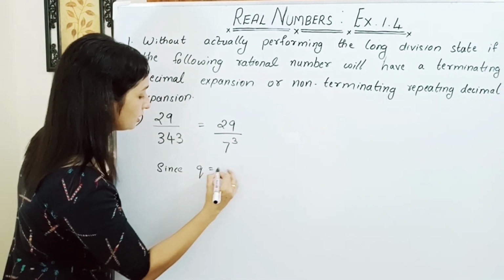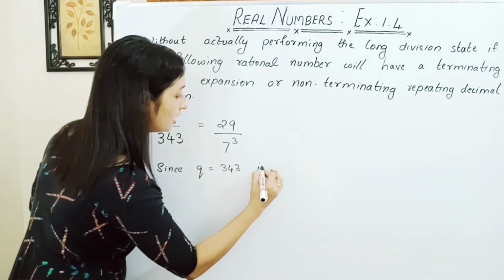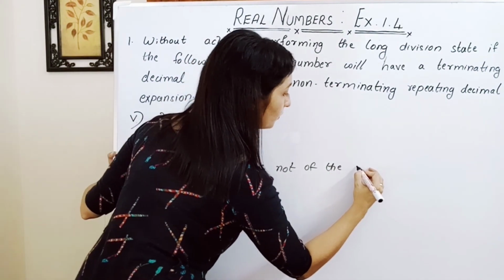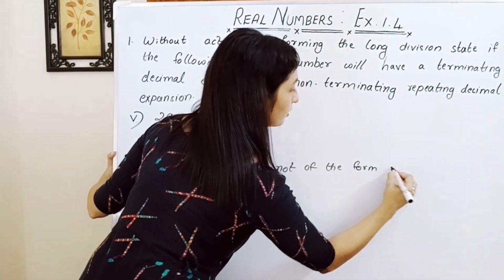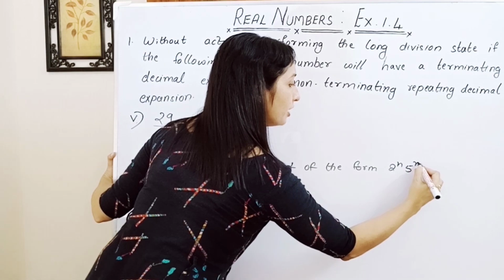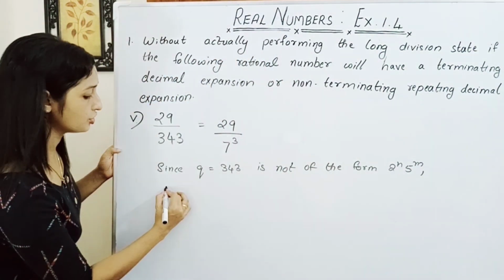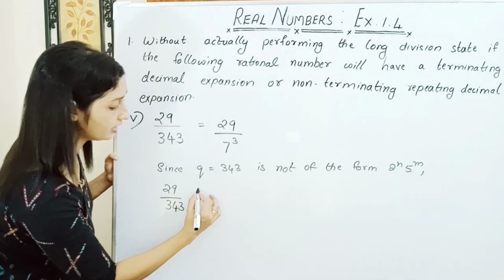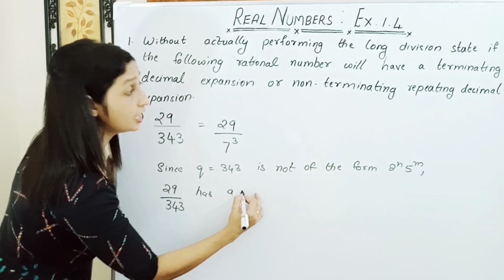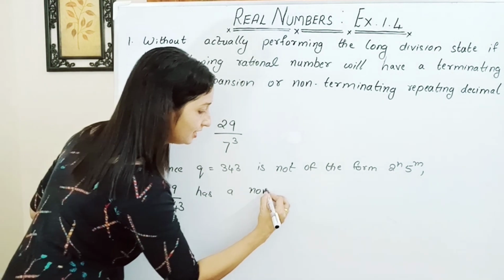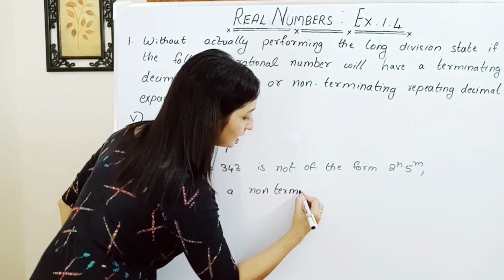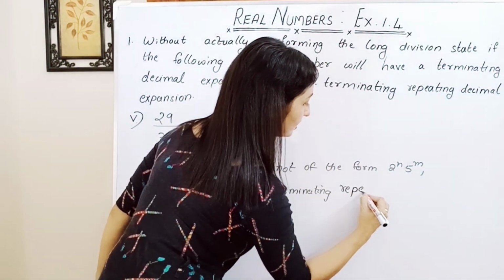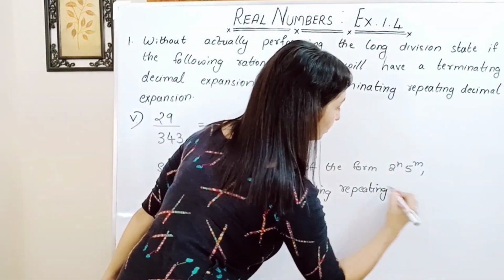Since q is equal to 343 is not of the form 2 raised to n into 5 raised to m, the rational number 29 by 343 has a non-terminating, repeating decimal expansion.